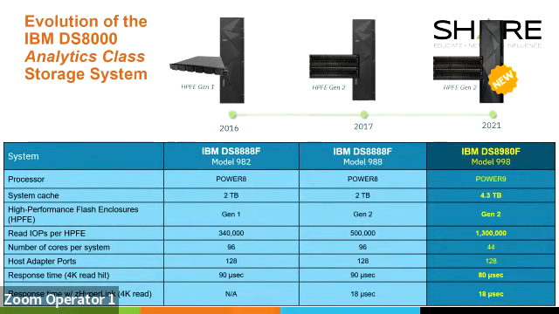It's built on Power 9. It's got a larger cache size than the prior 8950. Prior isn't really the right word. The 8950 and the 8910, those are all offerings still as well. It's also got the Gen 2 backend, but it's got a lot more read I/O. It's got more cores in comparison to the 8950, for instance, but it has fewer cores than prior models.